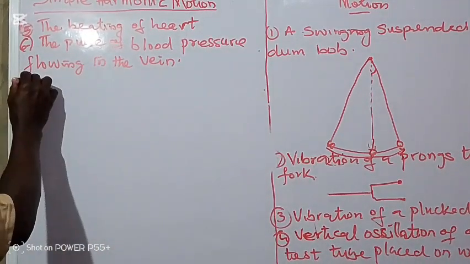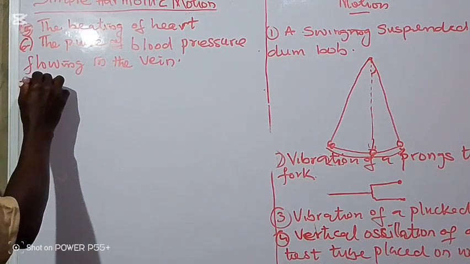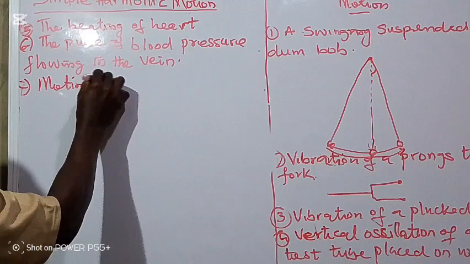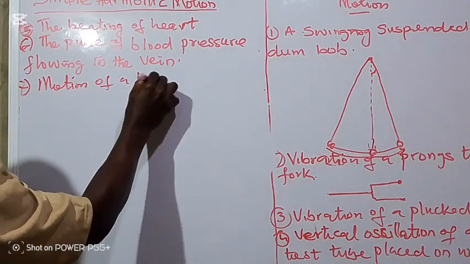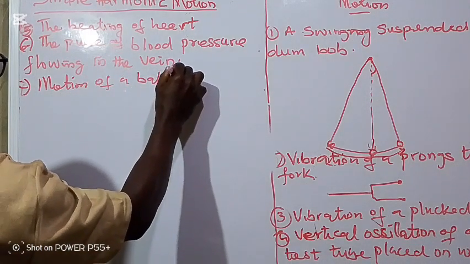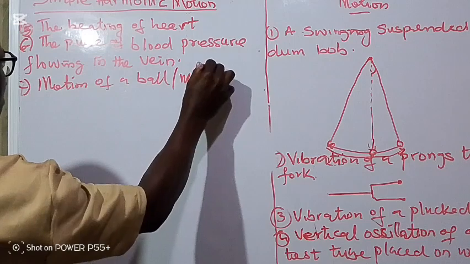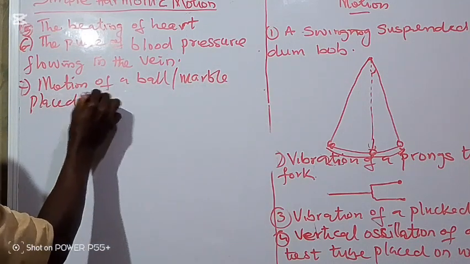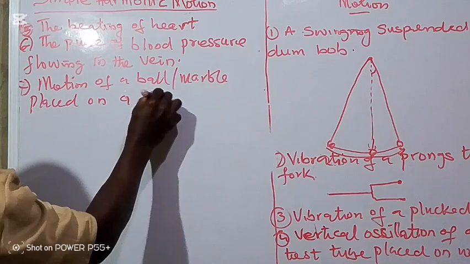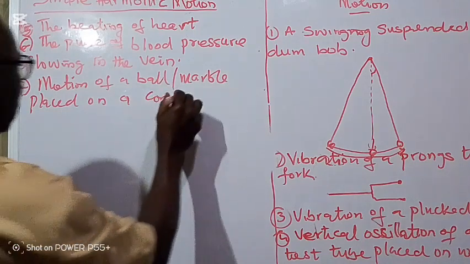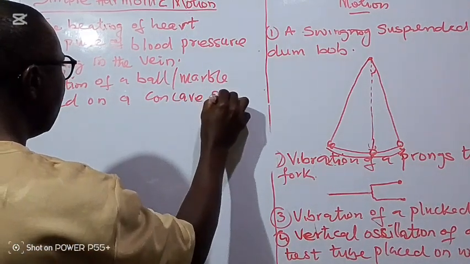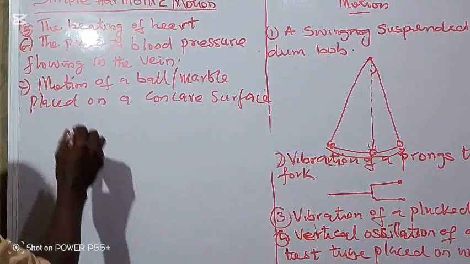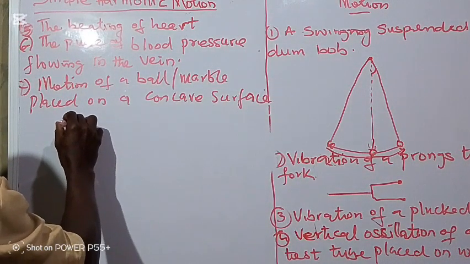Number 7, motion of a ball or marble placed on a concave surface. Let's say this is a concave surface.